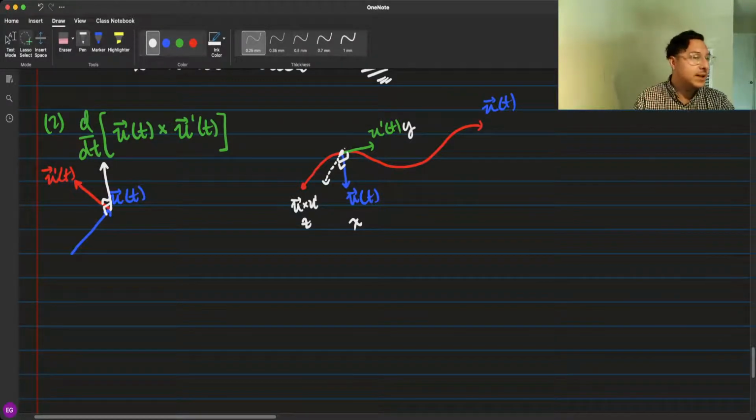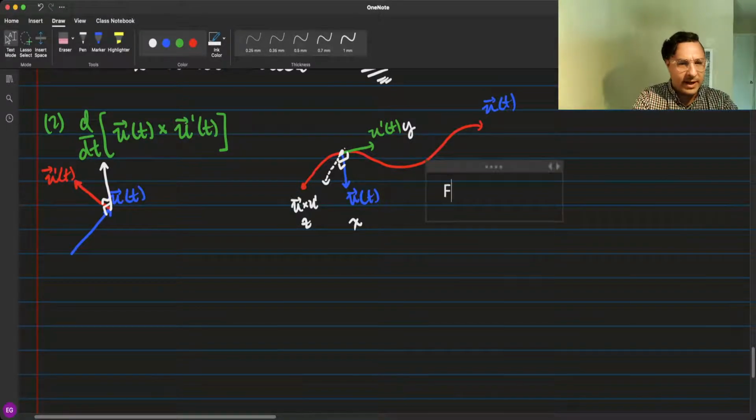This has a special name, and it gets used in physics a lot. It's called a Frenet frame, named after the French person who came up with this.